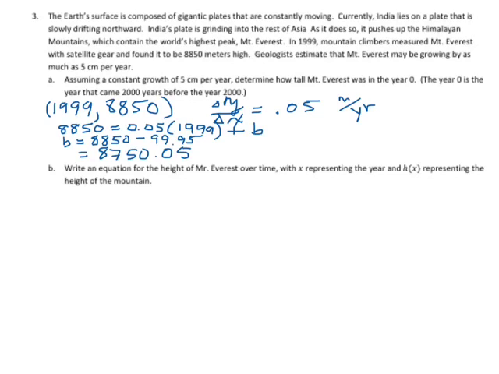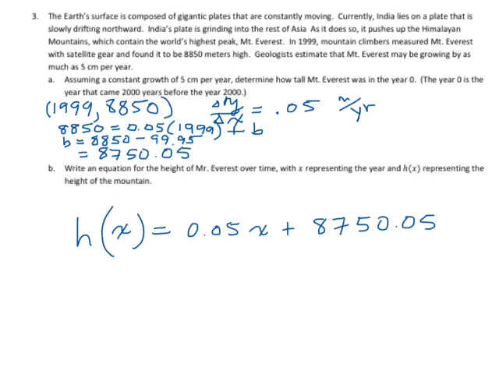And then, of course, the relationship we're asked to get is h, height as a function of x, which is the year, is equal to our slope, 0.05 times x plus 8,750.05. Okay, done. I assume that's what's in your answer key.